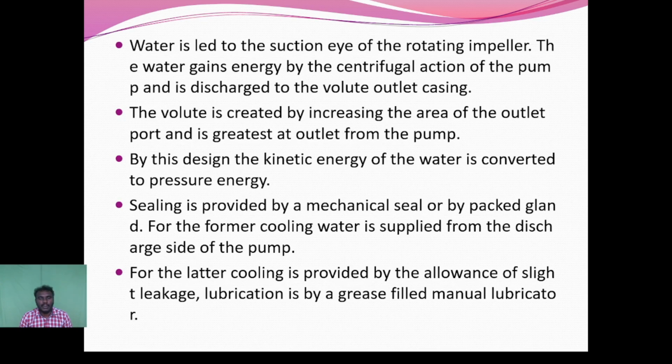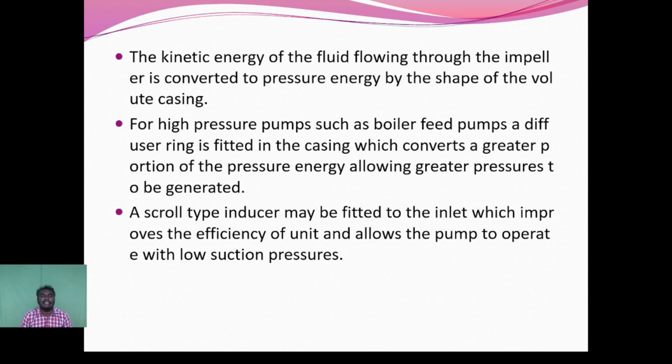For cooling, water is supplied from the discharge side of the pump. Otherwise, cooling is provided by elements of gland leakage. Lubrication is by a grease-filled manual lubricator. The kinetic energy of the fluid flowing through the impeller is converted to pressure energy by the shape of the volute casing.